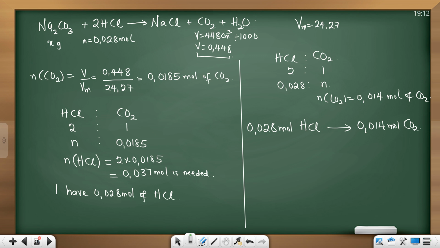From the left hand side, I'll take you through again. What we said was 2 moles of this will always produce 1 mole of this, right? Now, we have produced this. We cross multiply to produce 0,0185, which was produced. We need 0,037. So it means this guy was not the one controlling that thing there.